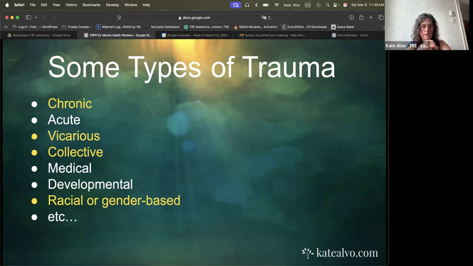But mostly for mental health care workers, we're talking about chronic trauma, because we are constantly being exposed to stress. Vicarious, because we're hearing about other people's trauma. And right now, I wanted to leave in collective. So I thought these were the most relevant ones for you here.